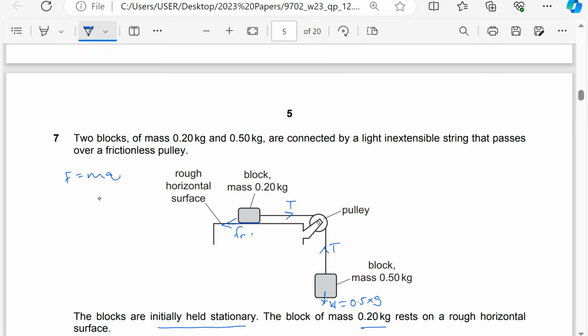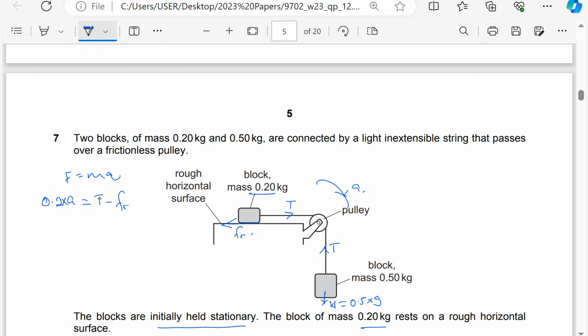If I consider the block of mass 0.2 kilograms first, the acceleration is in that direction. So 0.2 times the acceleration should be equal to the resultant force, which is T minus the frictional force Fr.